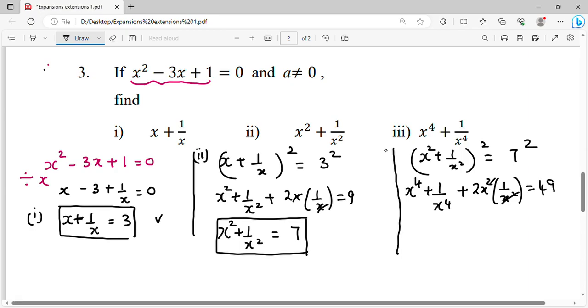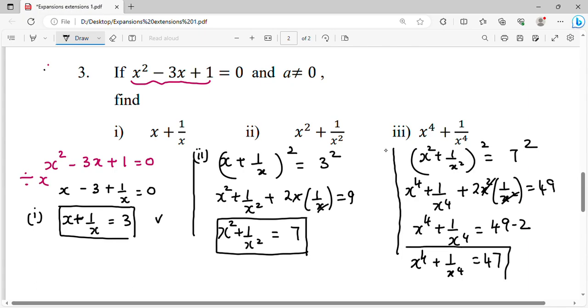So this gets cancelled, and x power 4 plus 1 by x power 4 is 49 minus 2, which is 47, and your question is done.